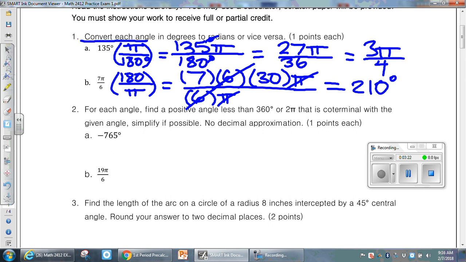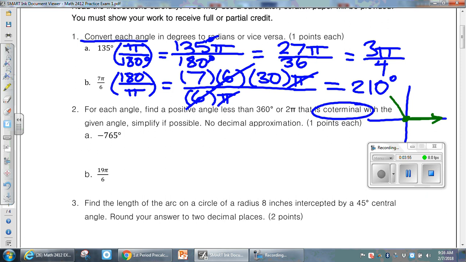Now, next question, number 2, we are supposed to find a coterminal angle. A coterminal angle has the same initial side because by definition, standard position is on the positive x-axis, whether the angle is positive or negative. And the vertex is at the origin, so all of them have to have that. But for it to be coterminal, they need to have the same terminal side.